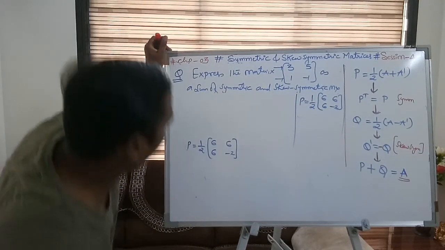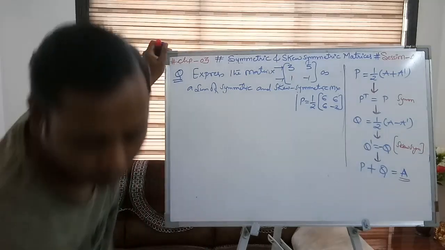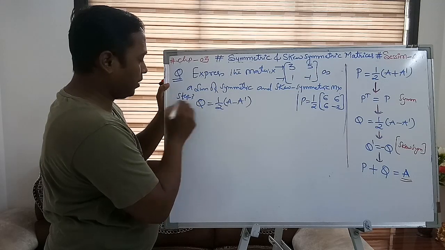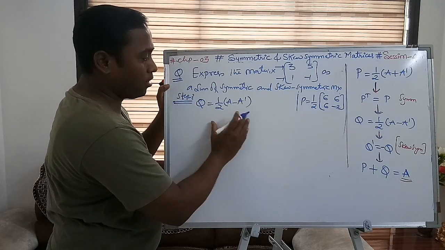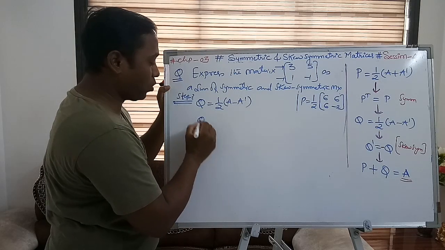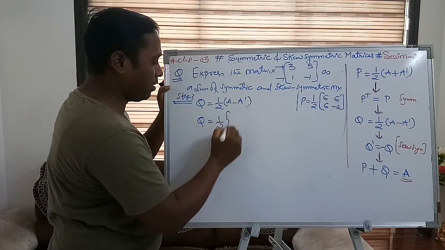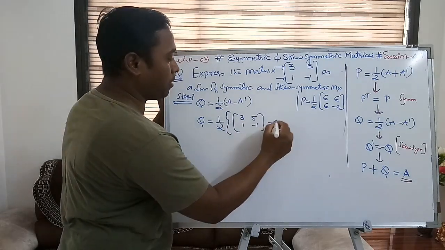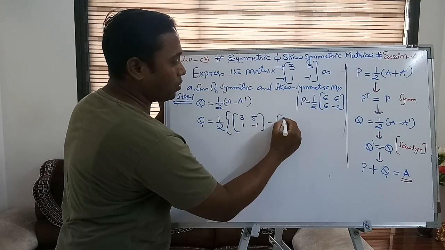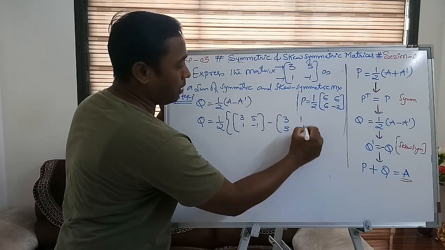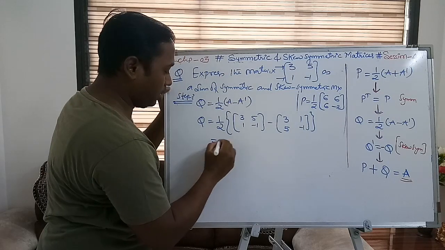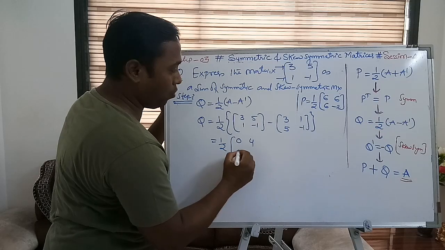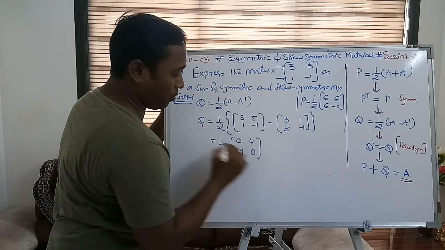Now I am taking Q. In step 3, first take Q as this operation. First we will solve for Q. How can it be obtained? By writing the matrix A as 3, 5, 1, minus 1, minus A dash, the transpose of this matrix, that will be 3, 1, 5, minus 1. Then simply subtract the results. We will get 3 minus 3 as 0, 4, minus 4 and 0.